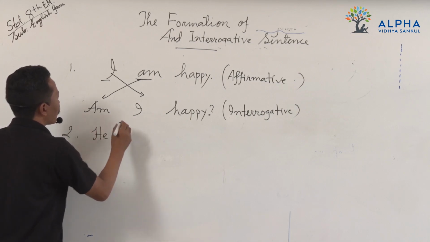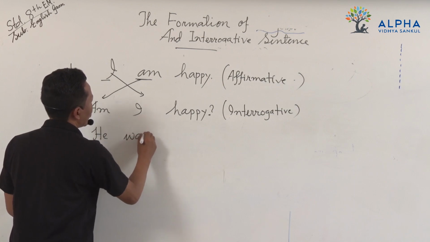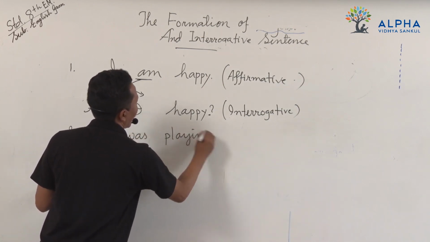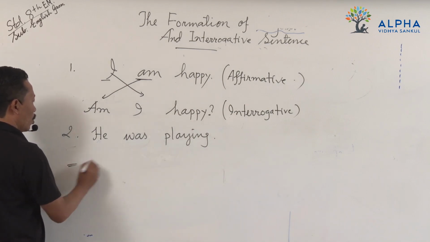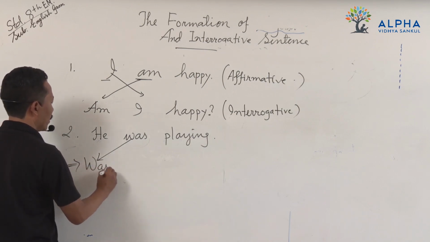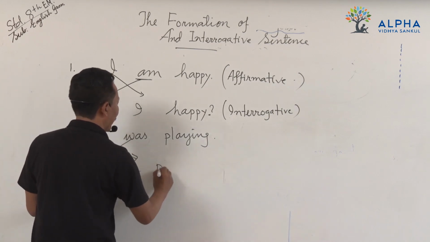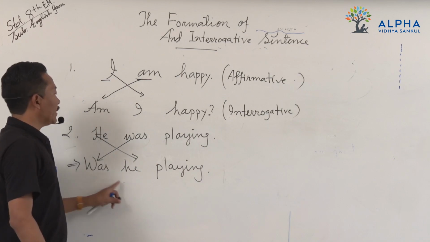See, number 2. He was playing. Here also, was comes first, and then he, then playing. Was he playing?